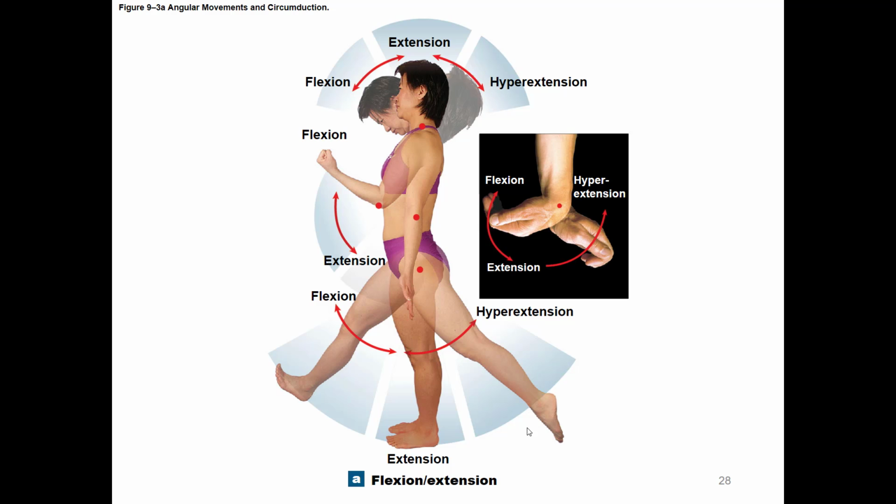So if we look at this figure here, if you focus on the view of the woman where she's standing straight in anatomical position, most of her joints are at extension. Okay, see how the arm is nice and straight and the hip to the foot nice and straight? So that's extension.